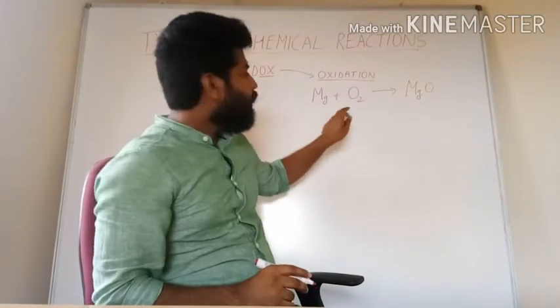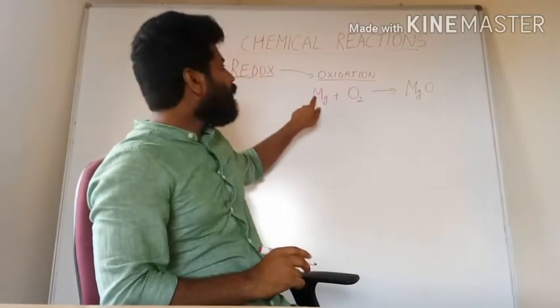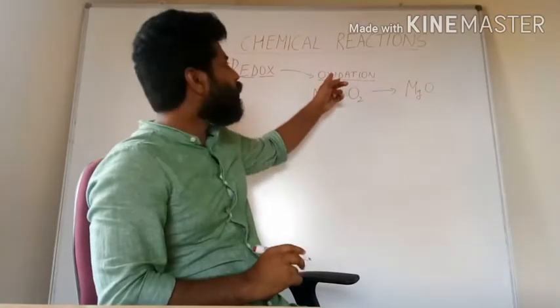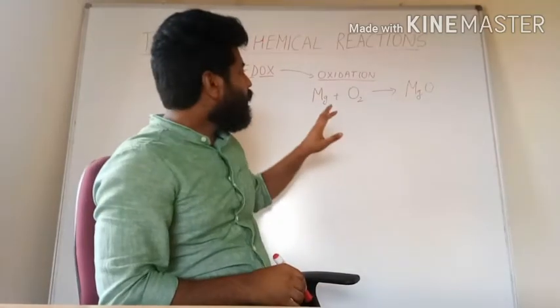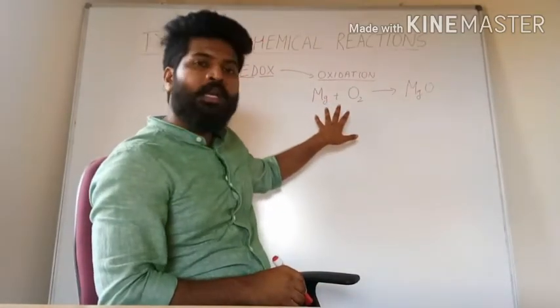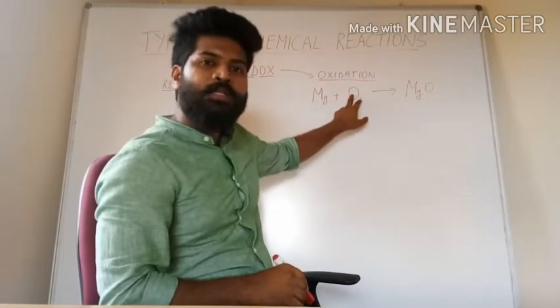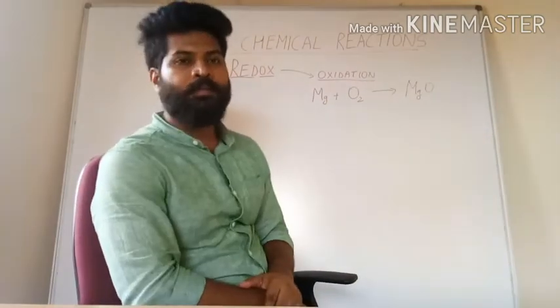Here, oxygen is getting added to magnesium, therefore this is an example of an oxidation reaction, and we can say that magnesium is getting oxidized to magnesium oxide.